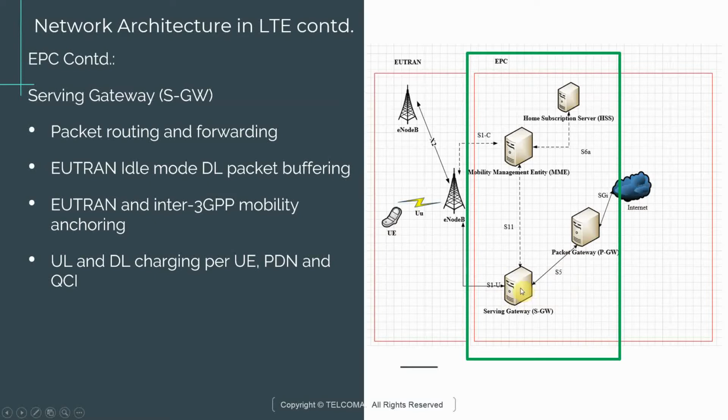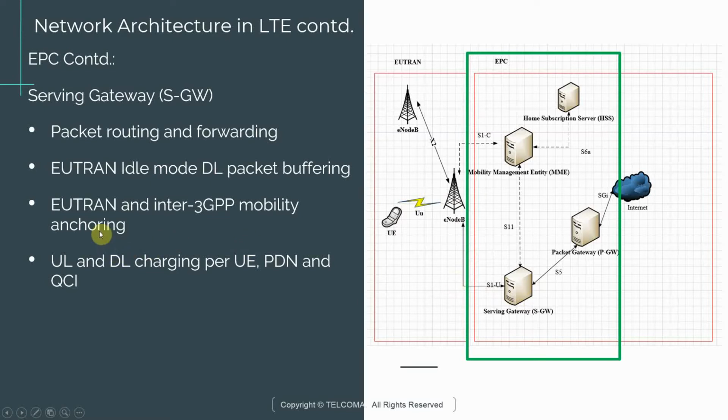The serving gateway figures out by some logic that the UE is not yet connected. So that WhatsApp message is actually buffered here up until the time that the UE connects to the network, at which instance that WhatsApp message is delivered to the eNode B. So that's the function of the serving gateway.